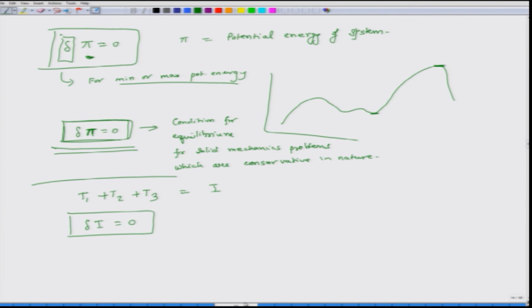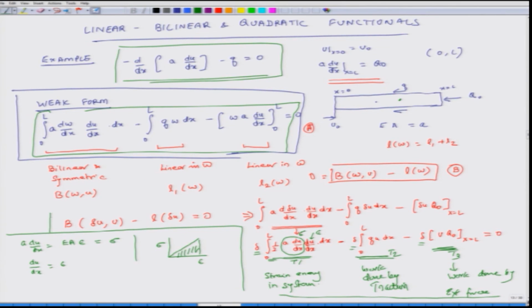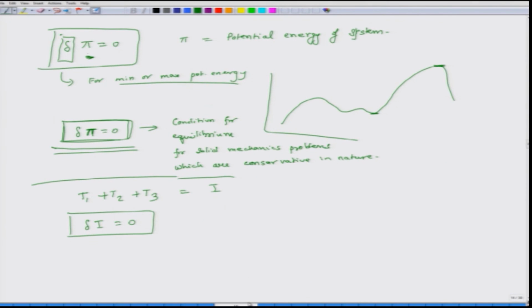Understood? I can also write this as, so if I go back and look at this equation, I can rewrite it as, why is that? I first take the variation on the first thing, so I will get half B of this thing. How do I say that?